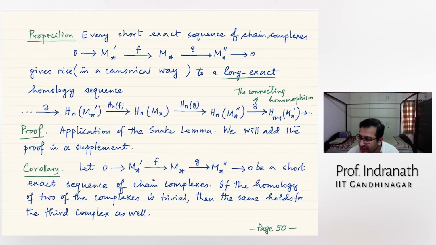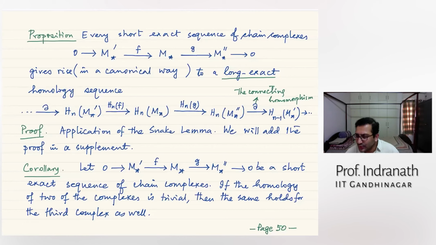I have the short exact sequence of R modules, and I know that for each R module I will be able to create these projective resolutions. So then I should know whether, given these R module homomorphisms, I can lift them. But that I have also seen. We have already proved it.